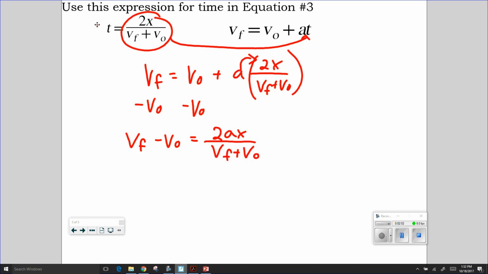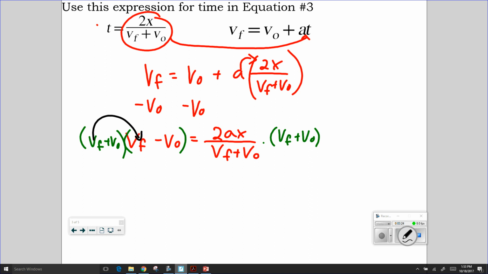I'm then going to move the vf's all over to one side by multiplying both sides by the expression vf plus v0. And I do not know if they still use the term FOIL in algebra classes to distribute two polynomials here, but that's the term I'm going to use. FOIL means multiply the front variables together.